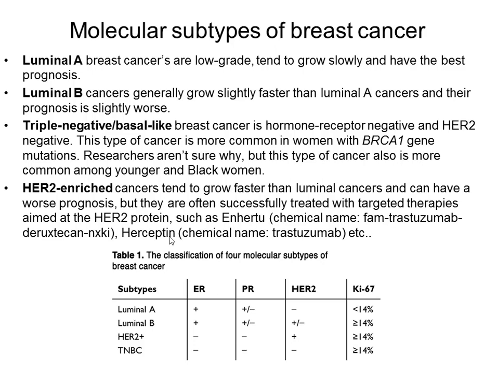And the last type is HER2 enriched cancers, which tend to grow faster than luminal cancer and can have a worse prognosis, but they are often successfully treated with targeted therapies aimed at the HER2 protein, such as trastuzumab deruxtecan and Herceptin, trastuzumab.